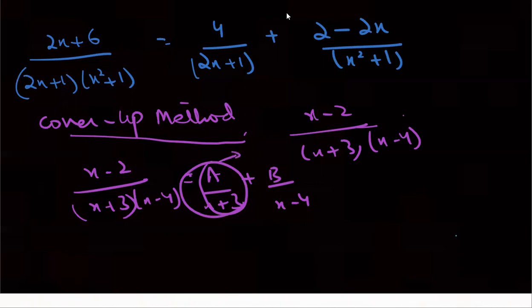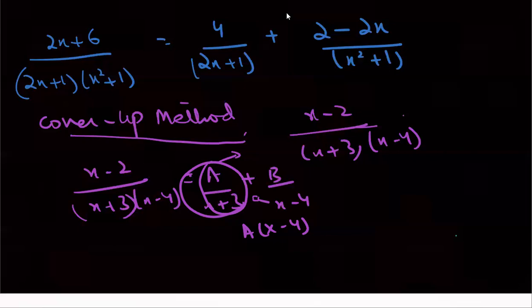then we will be putting the value of a. For example, if I would have taken the LCM of this part, what would have happened? It would be a(x minus 4), right?